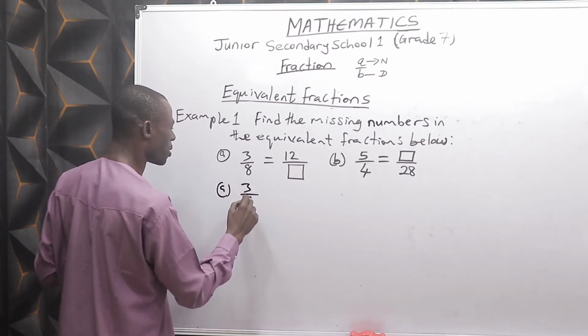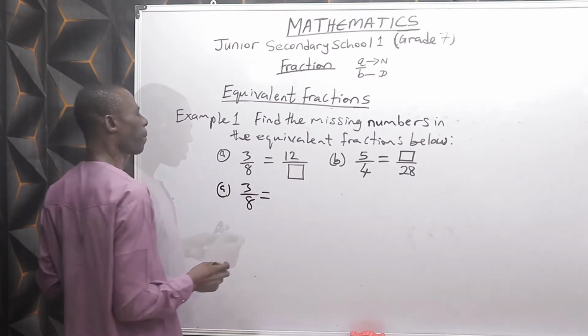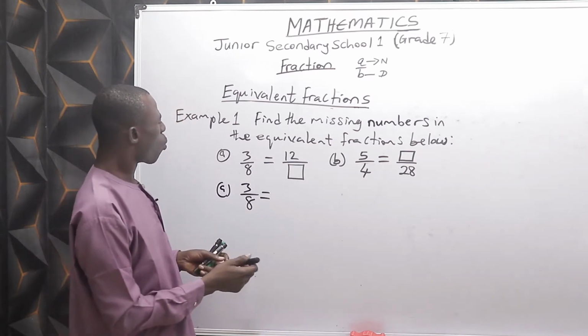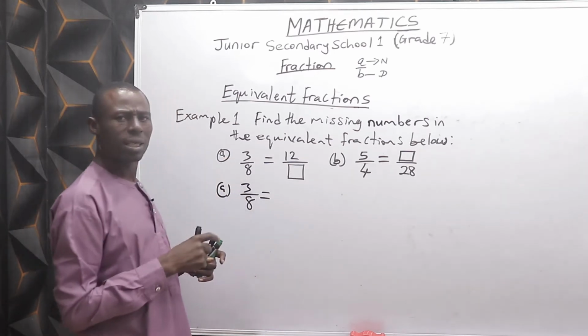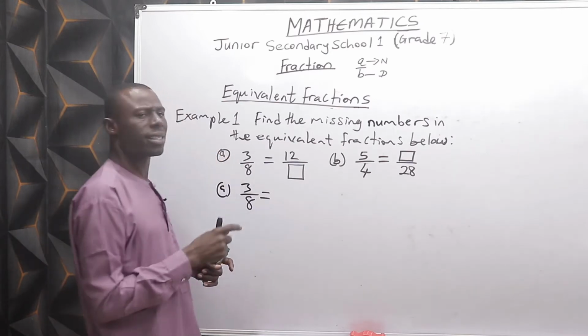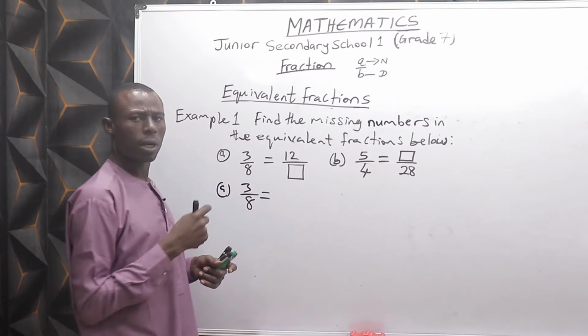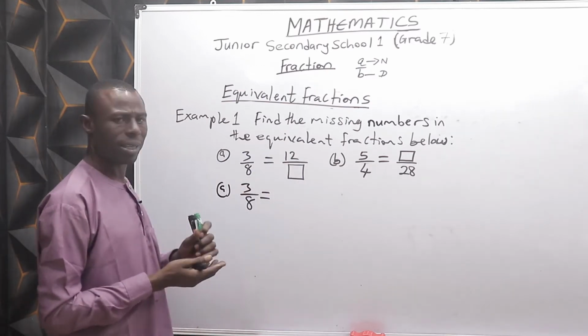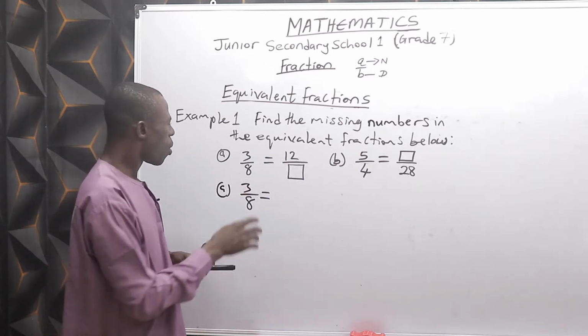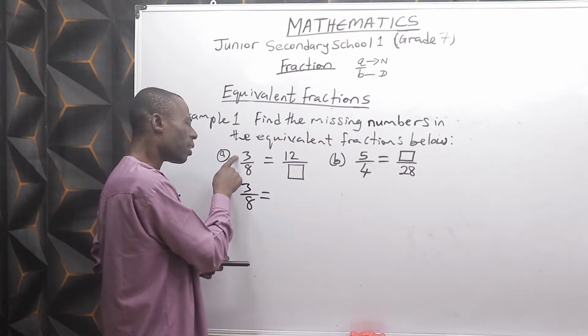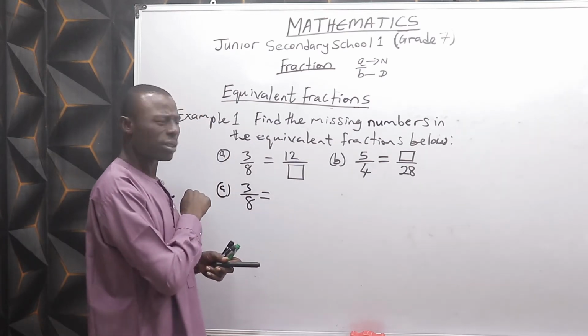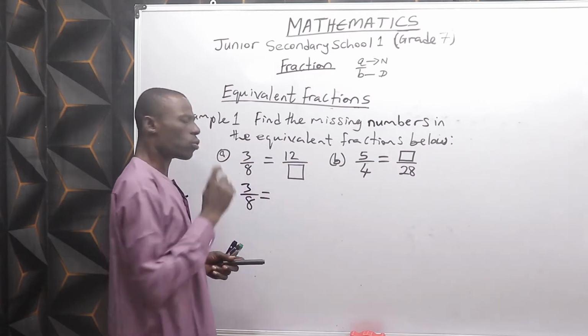3 over 8 will be, you think of what multiplies or divides this 3 to let it become 12 in the equivalent format in front of it here. What happens to 3 by multiplication or division that makes 3 become 12?